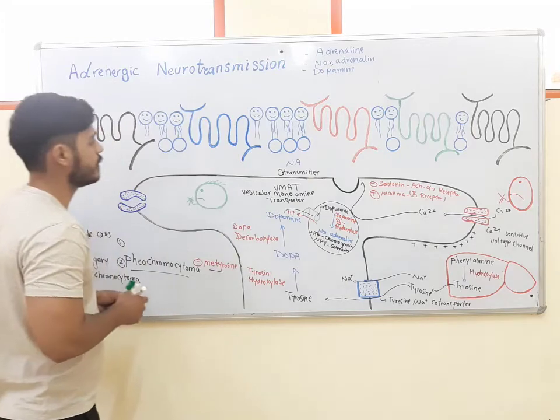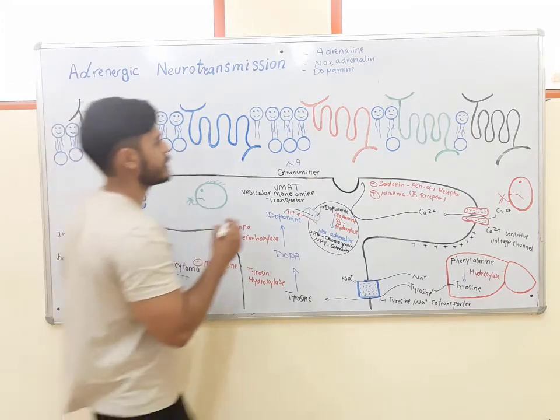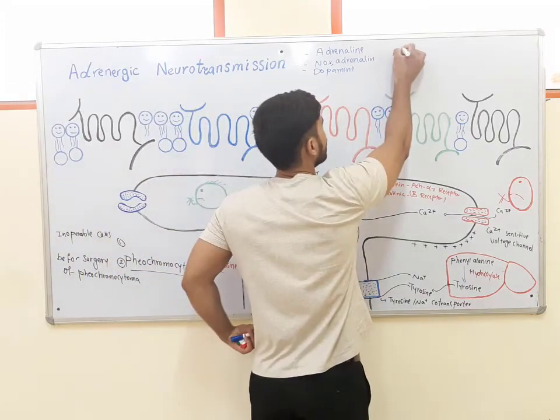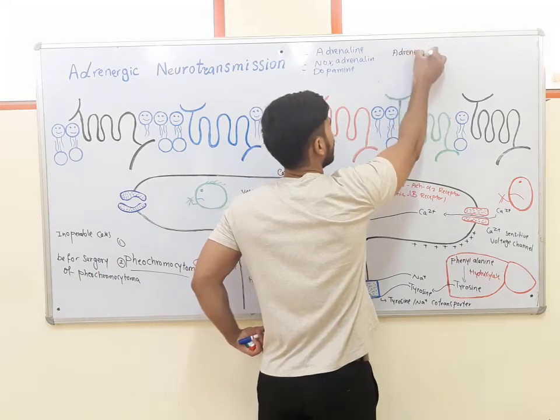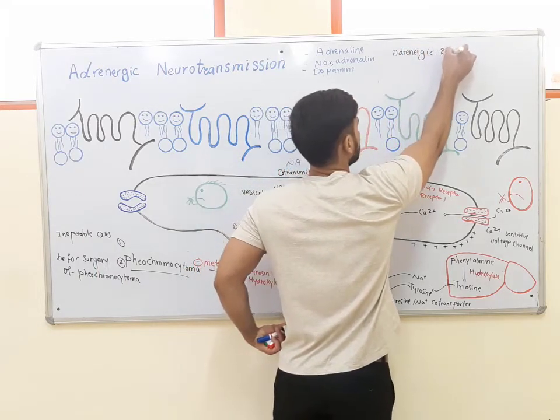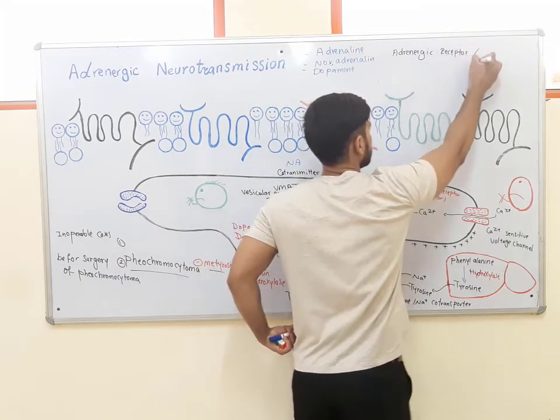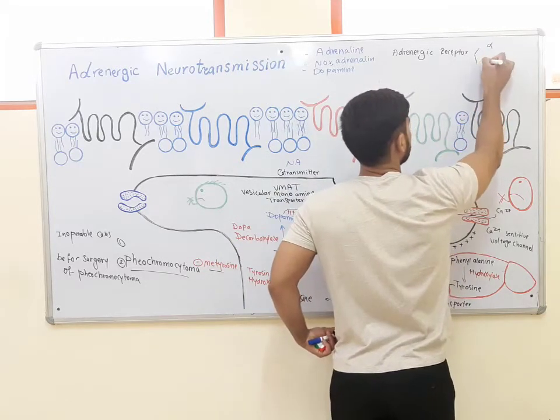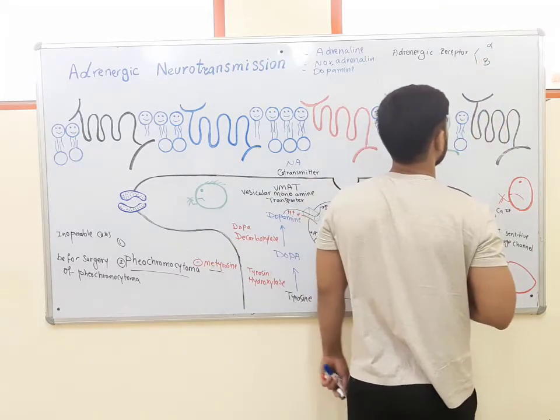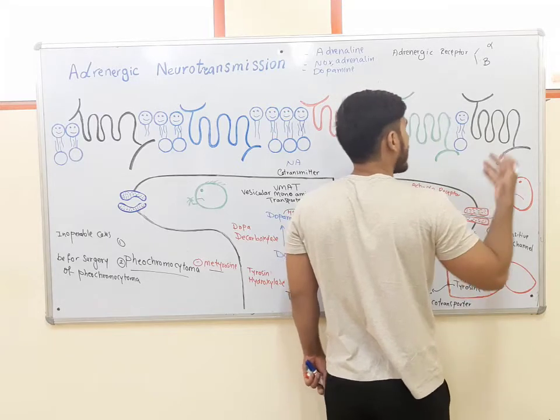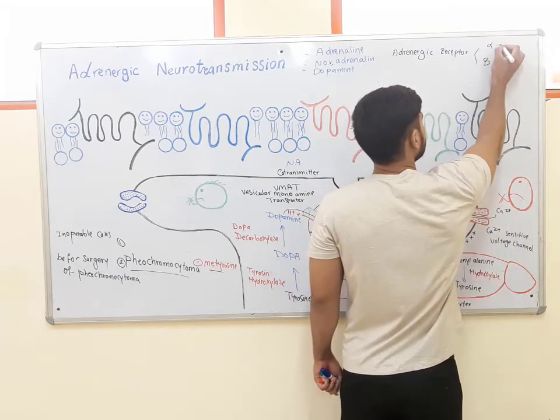So adrenergic receptors, I will write them here. Adrenergic receptors are two in types. One is alpha and another one is beta receptor. We have different subtypes for alpha and beta receptor.